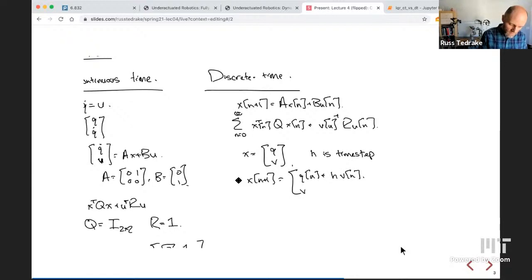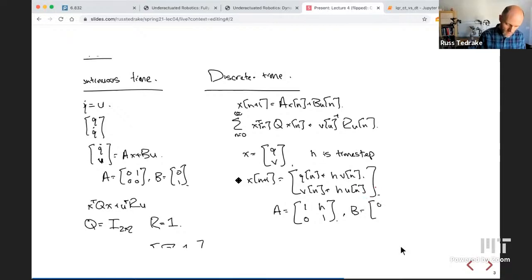And this one is v_n plus h u_n. Which again, I can write with A now looking like 1 h 0 1, and B is 0 h.